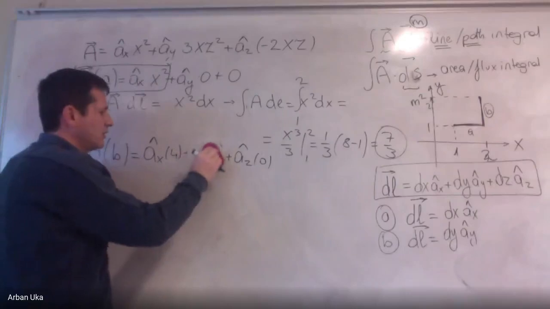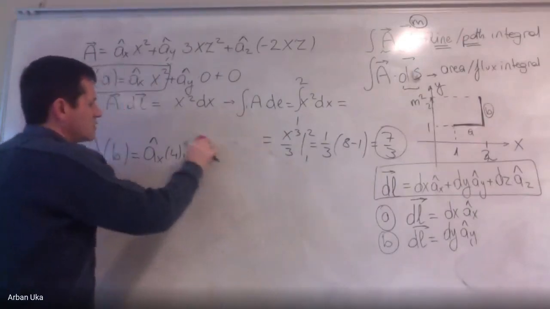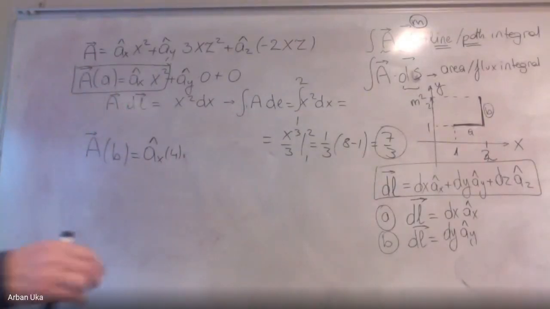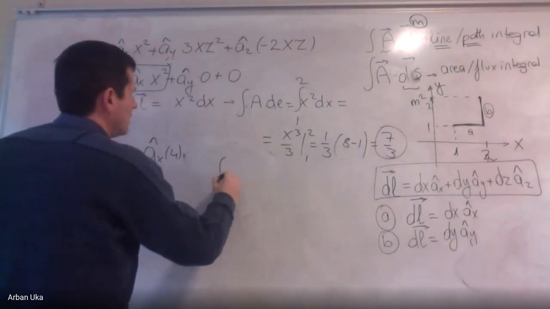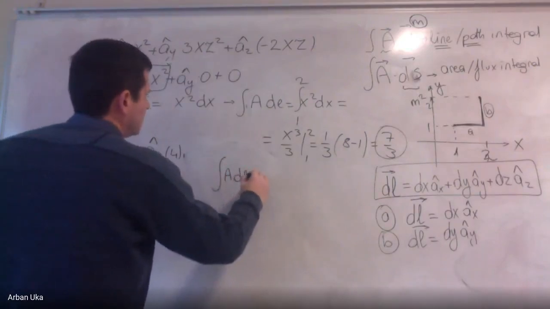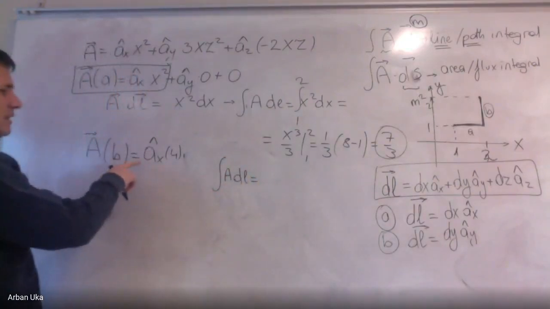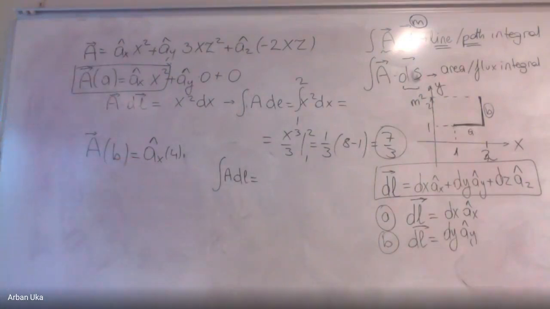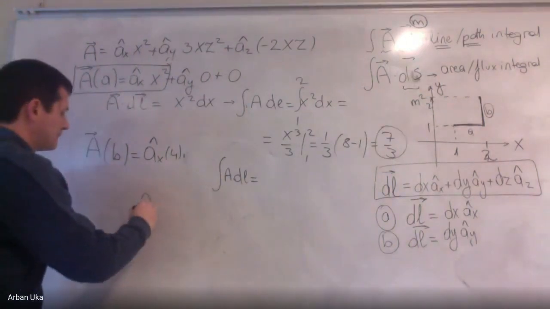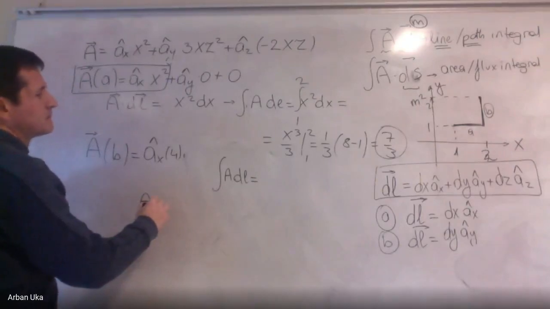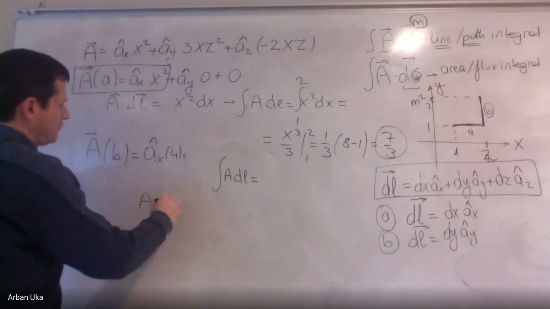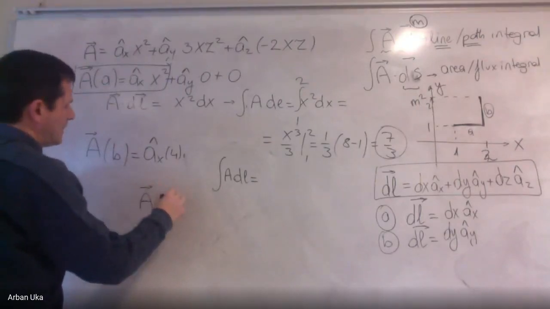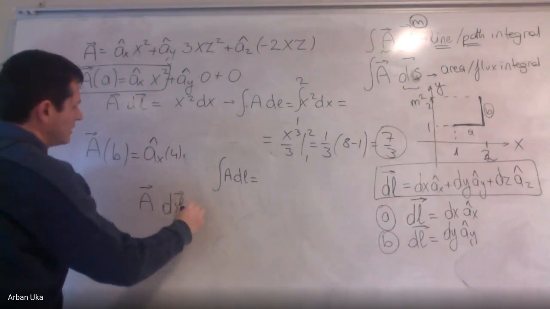So allow me to erase this. So along the second path, what is A dot dl equal to? I should get an answer from you here. So this is dl.